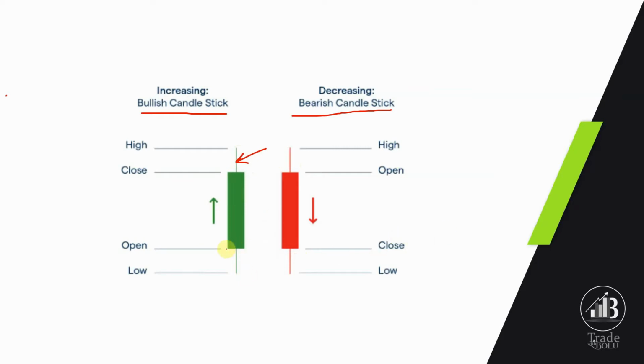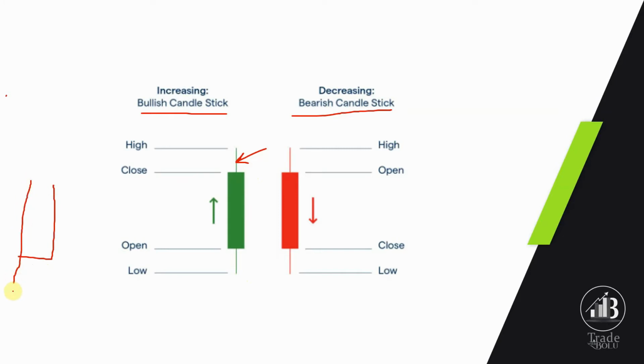This is where it opened, and then it went all the way up, but sellers contended with the price and it came all the way down here, but still retraced and finally closed here. So if you ask how this candle formed, it started like this, went up, then finally came down again.